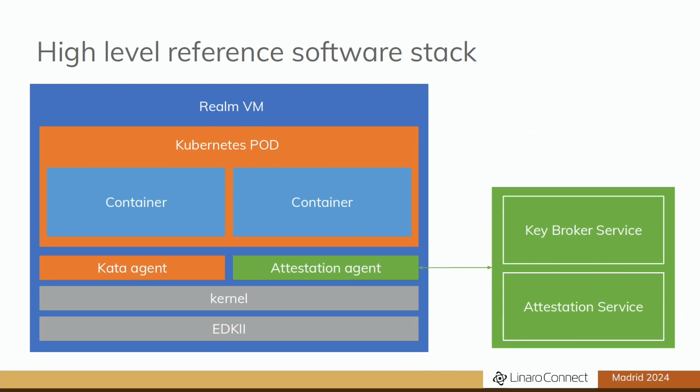When we looked at the ecosystem, we decided to work on Confidential Containers, which is basically a project built on top of Kubernetes in the CNCF. These Confidential Containers don't have support for CCA yet. So we decided that we should work with the community to enhance Confidential Containers and provide support for CCA there.